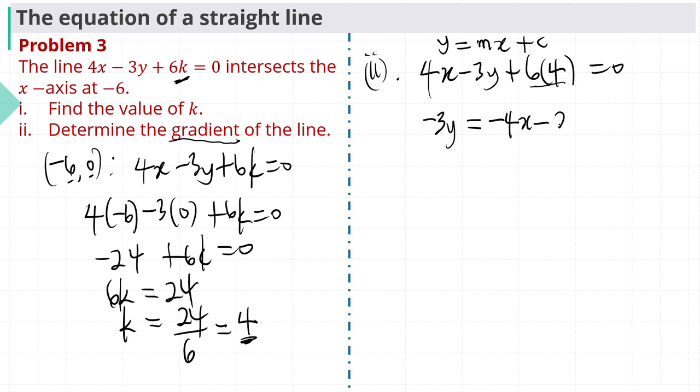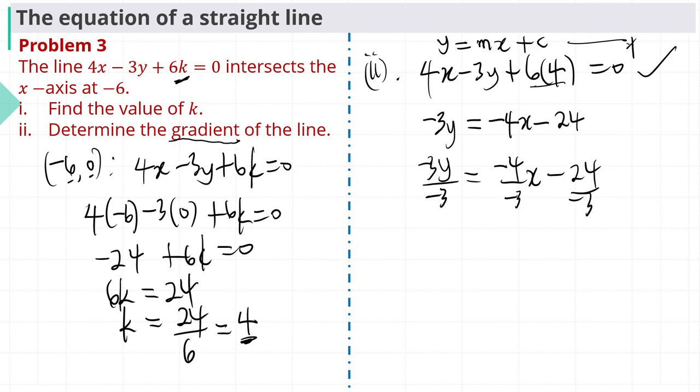Subtract 24 from both sides. So rearranging this equation, we get this new one. Next, we divide every term by minus 3 so that y is made the subject of the equation, just like this one, equation star.